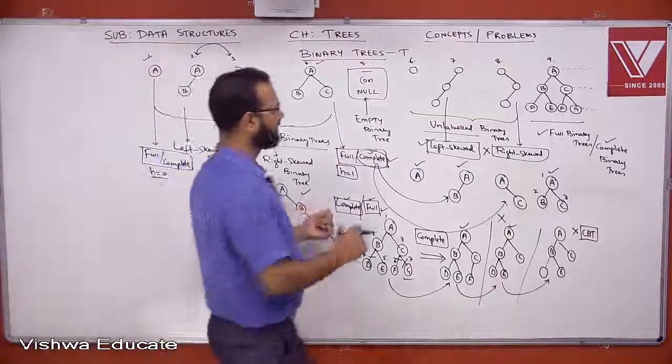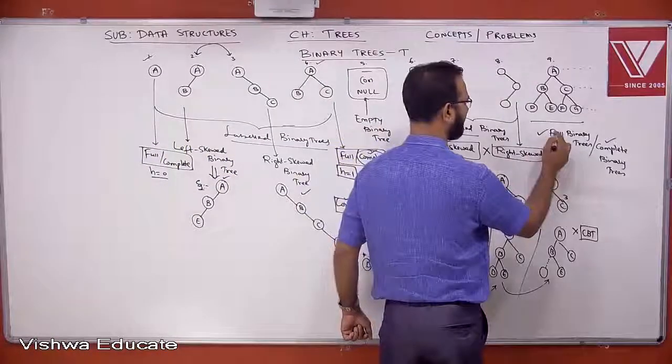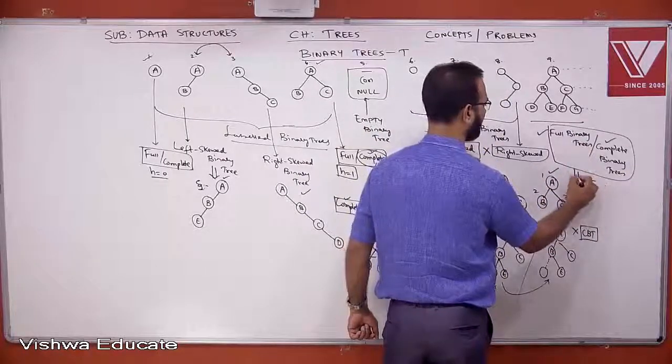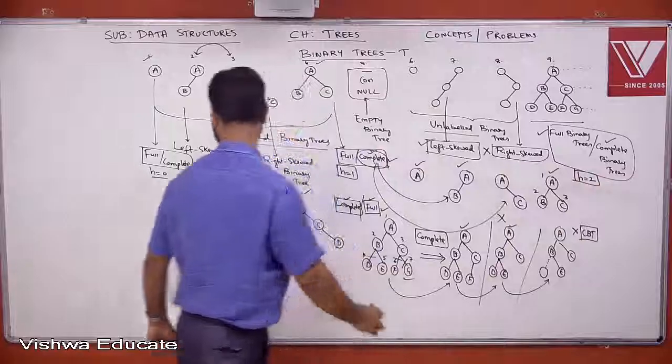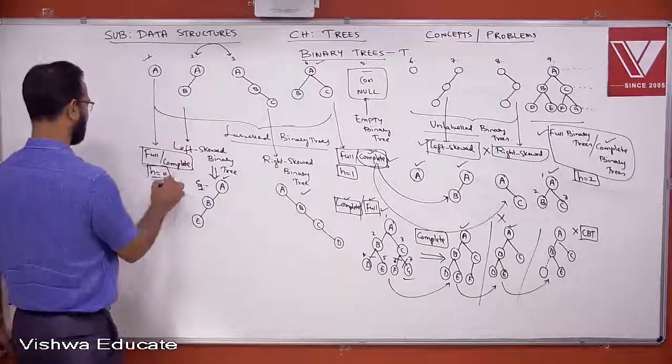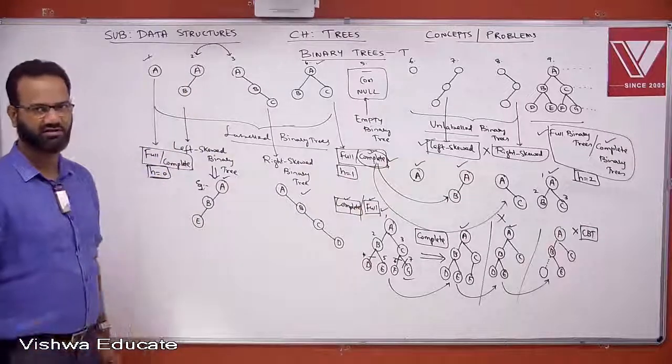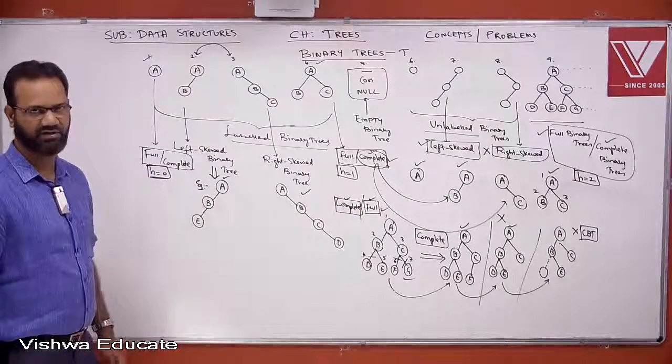Then we have the height of this particular one. This is also full or complete, but it is of height 2 now. So the difference over here is height 0, height 1, height 2: different full or complete binary trees.